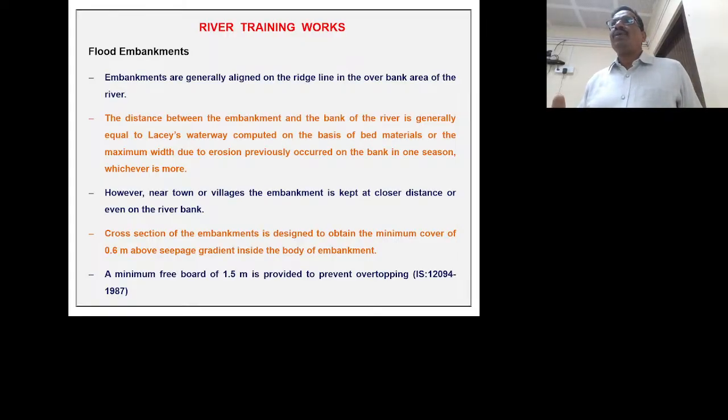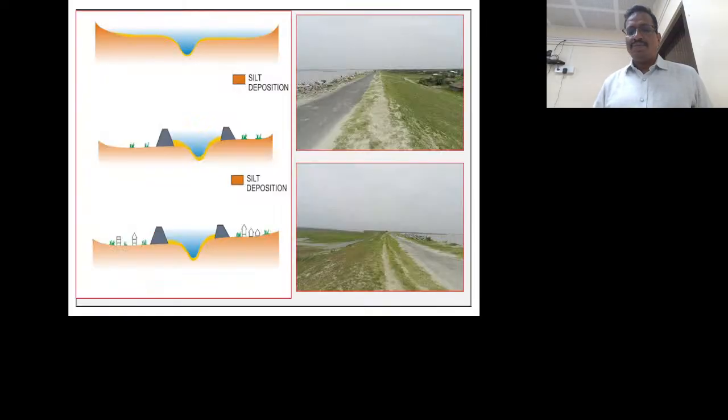Everyone should know this, otherwise it will fail. The CPS gradient should be within your embankment only. A minimum freeboard of 1.5 meter is provided to prevent overtopping, which I have also explained.